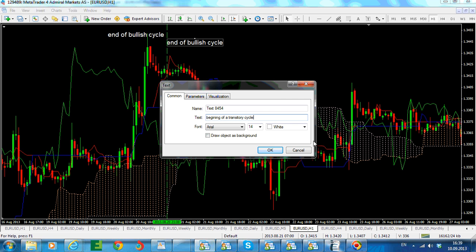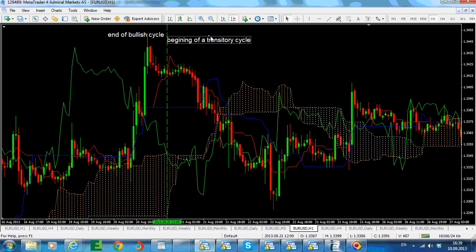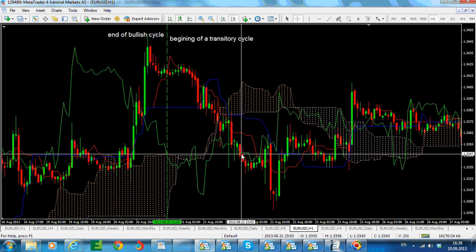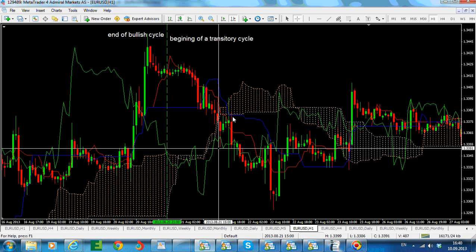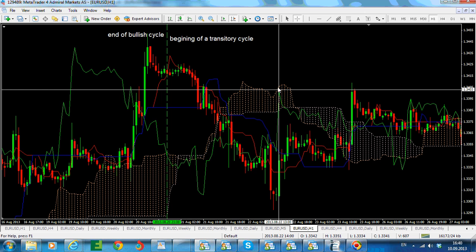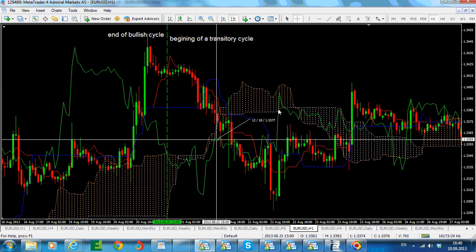Now, like mentioned earlier in this recording, transitory cycles happen when the market is either consolidating or making a shift, in this case from a bullish cycle to a bearish cycle. We don't have a bearish cycle here because a bearish cycle implies a red cloud, but we don't have a red cloud.